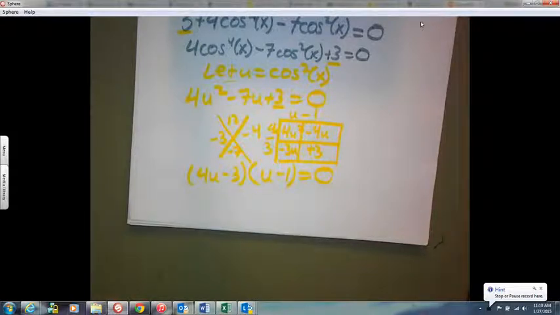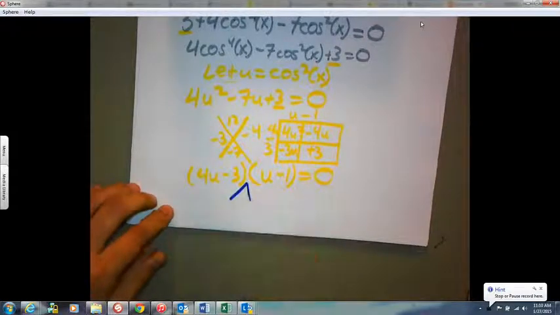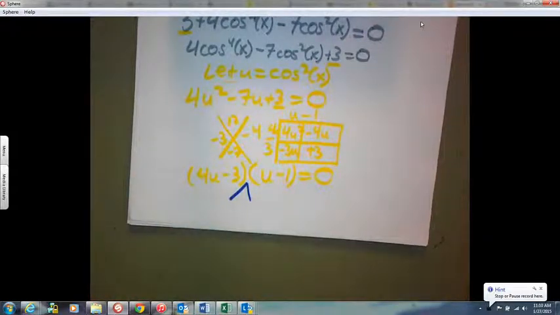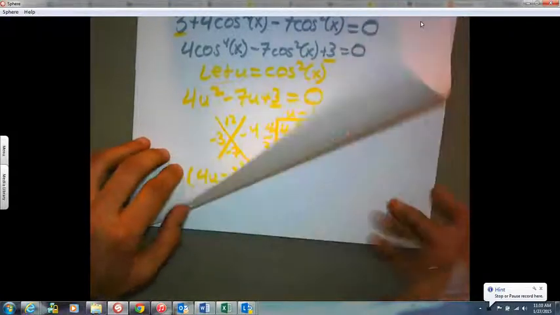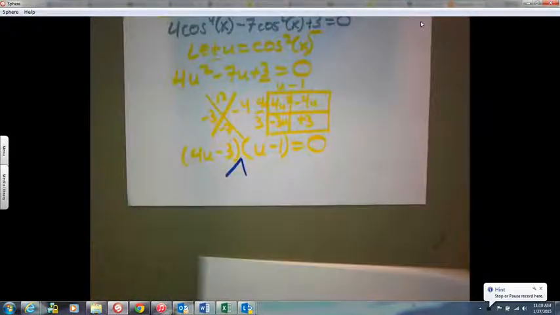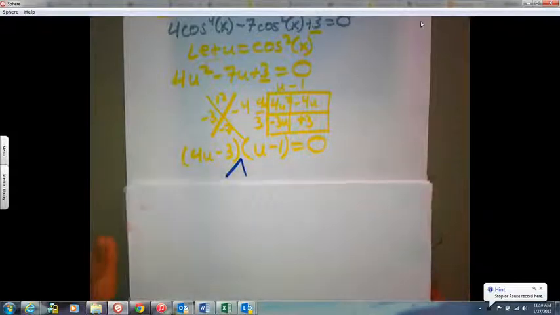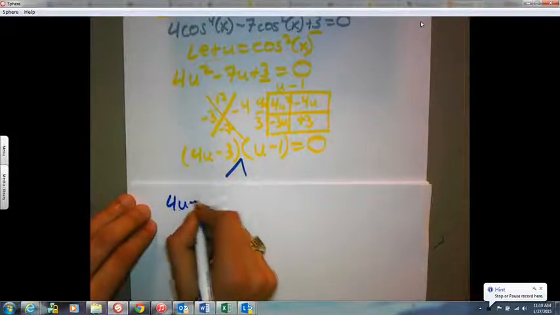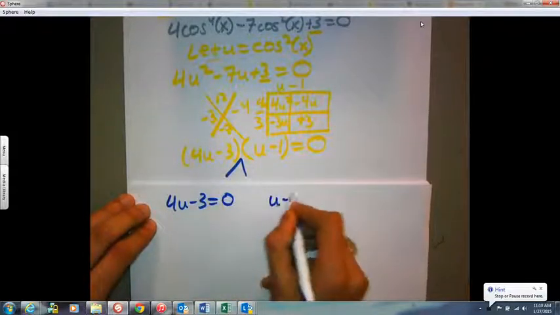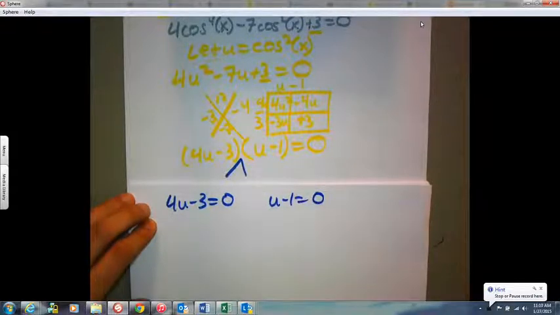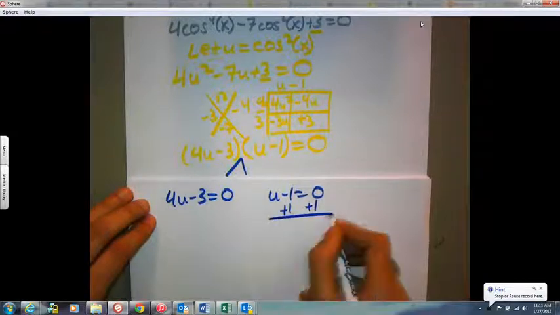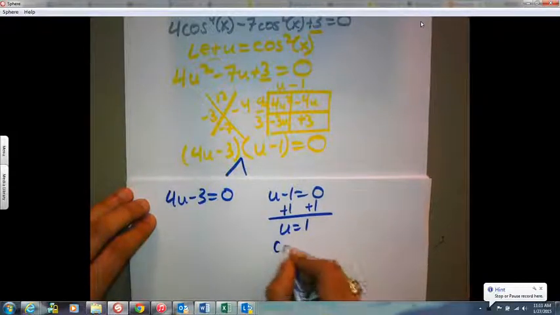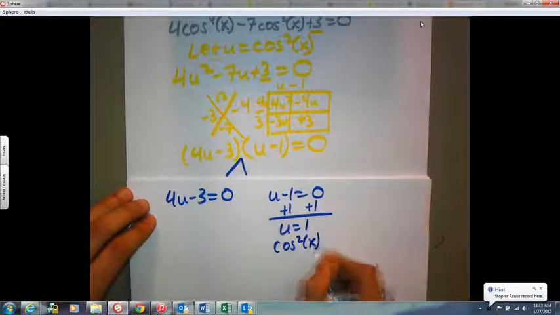And from here, precisely, you're going to split this and set each piece equal to 0. So we've got 4u minus 3 equals 0. We've got u minus 1 equals 0. Solve each piece. If you need to verify, look up here, but there are many of you who can do this without a problem.